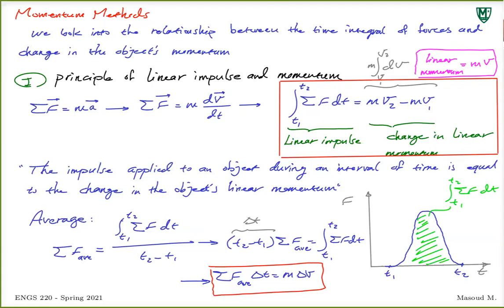If you're in two-dimensional space, i j, in x direction and y direction. Direction matters, bottom line. We study both the direction, change in direction, and magnitude together. So keep that in mind, all right? Take a note somewhere, mentioning that that's another big difference between momentum methods and energy methods.